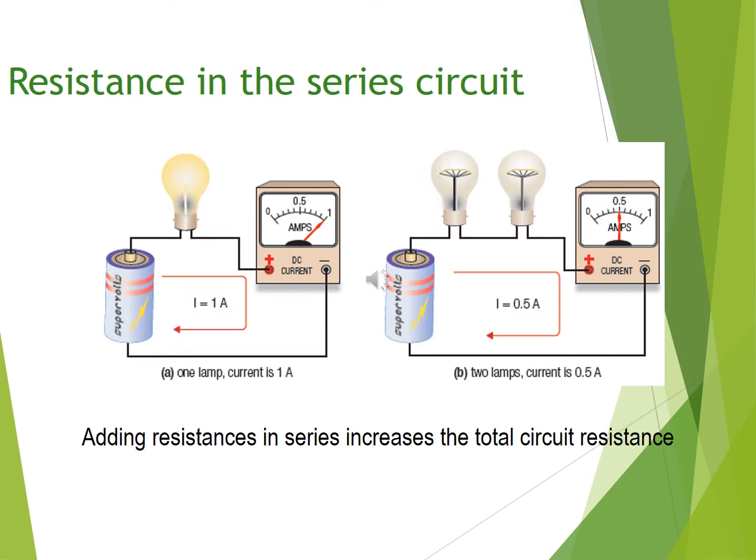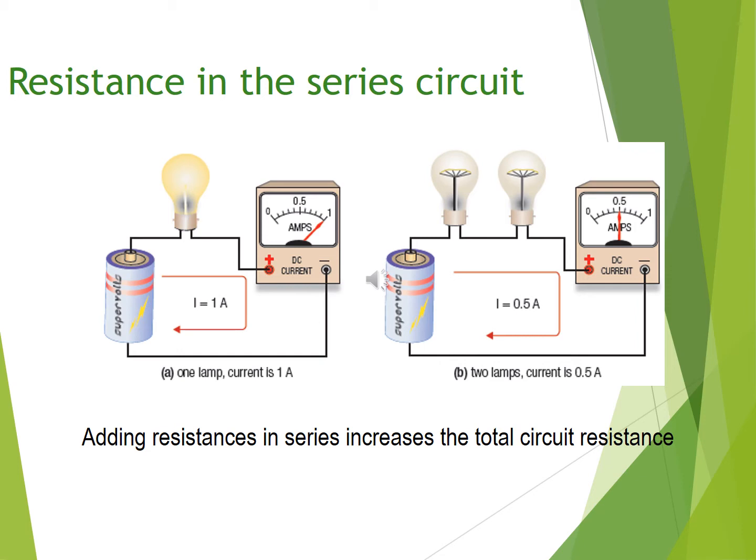So in the left diagram A, you can see that there is 1 amp flowing, and it's clearly showing that on the ammeter, and there is only one load, so it is a series circuit because the current in this circuit is constant throughout the circuit.